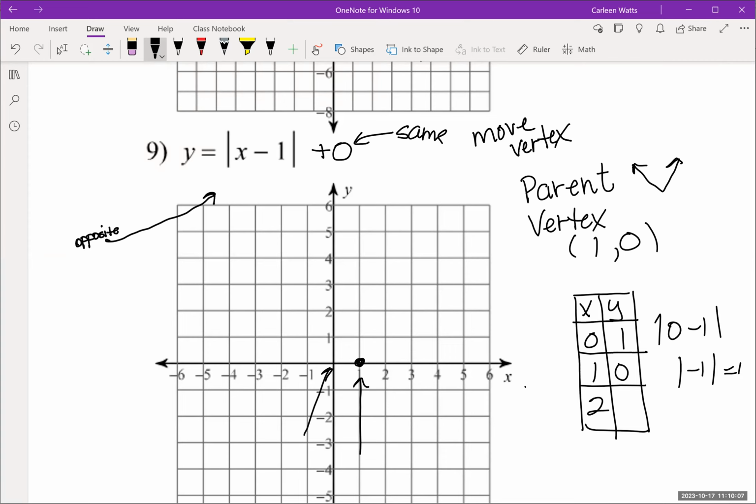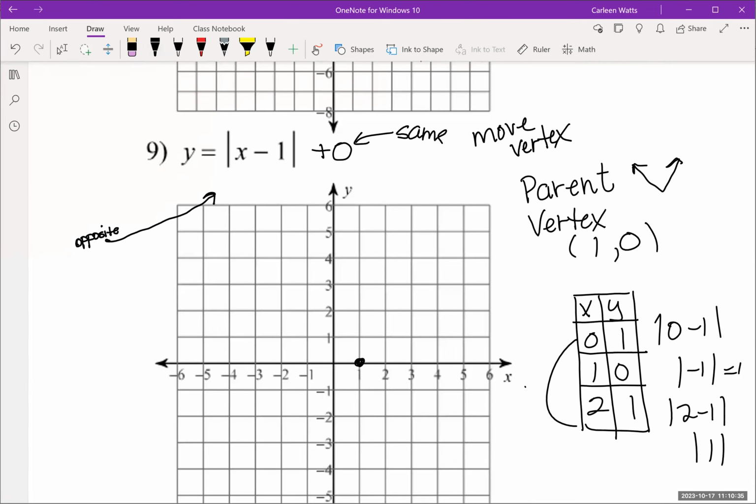Now, if this is really a V and I've really found the vertex, the left point and the right point should give me the same values, right? We have the middle and then we have 1, 1, 2, 2. They're all going to have little buddies and be the same. So absolute value of 2 minus 1 is the absolute value of 1, which equals 1. If this is a V, these values should be the same.